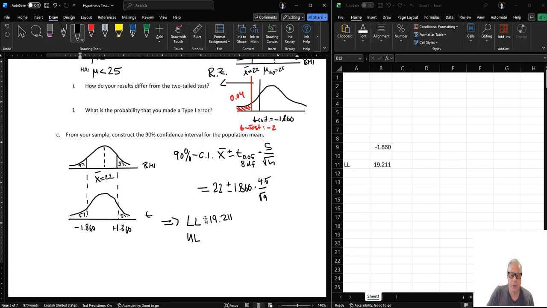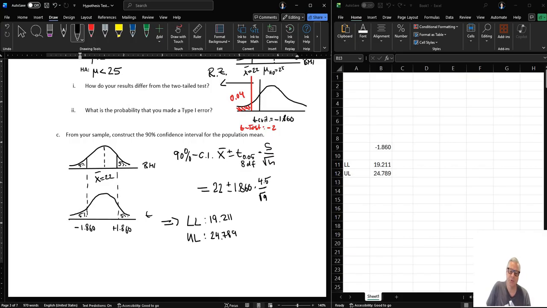And the upper limit would be equal to the mean of 22. And now I take minus, and then the other minus from the T.INV formula becomes positive, times 1.5, which is 24.789.